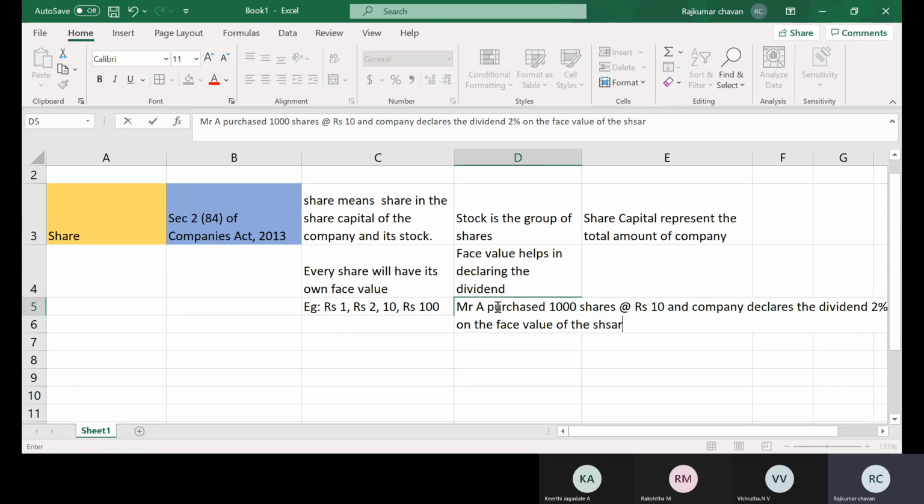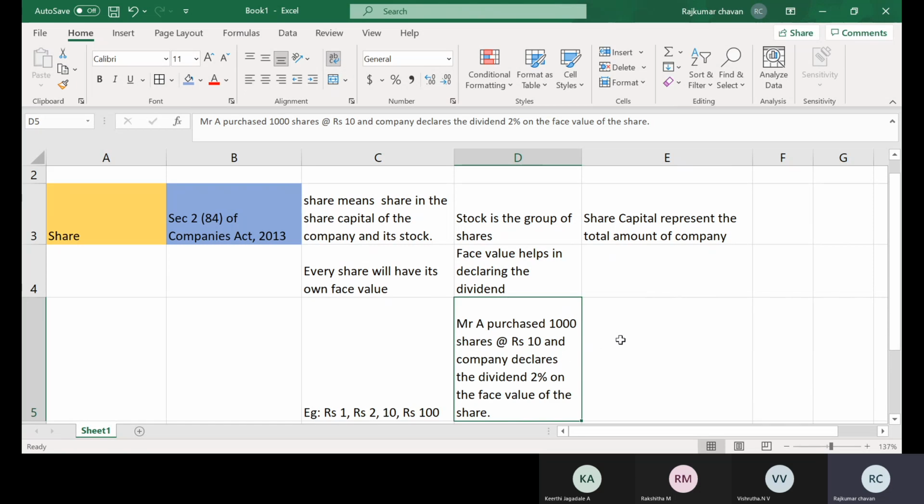This is how they declare the dividend. So now what will be the dividend we get to Mr. A? How to calculate the dividend?